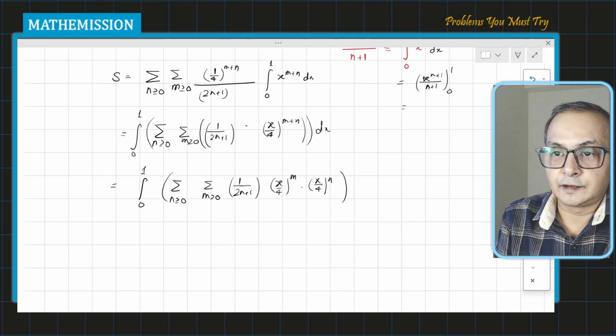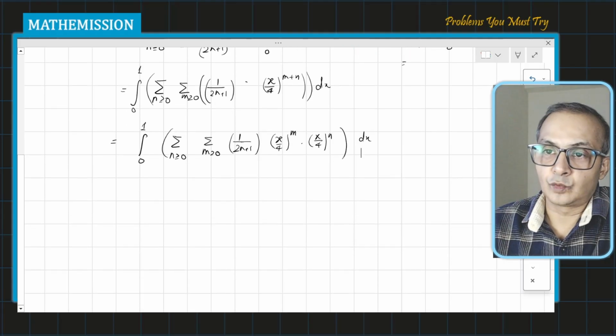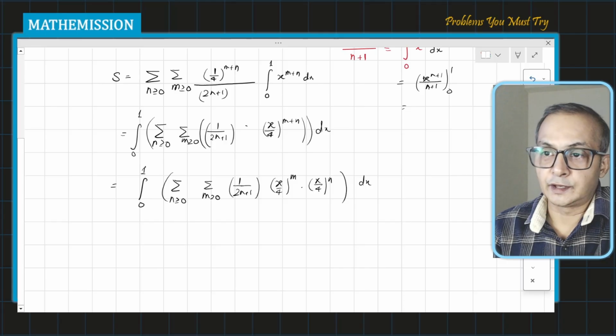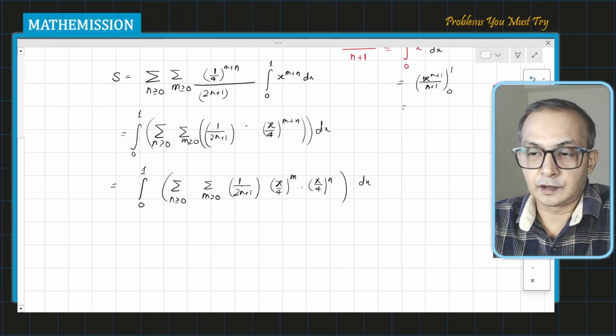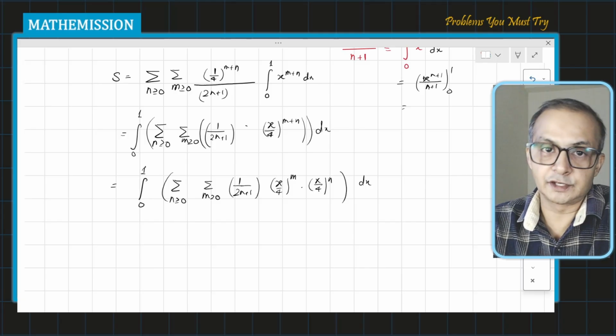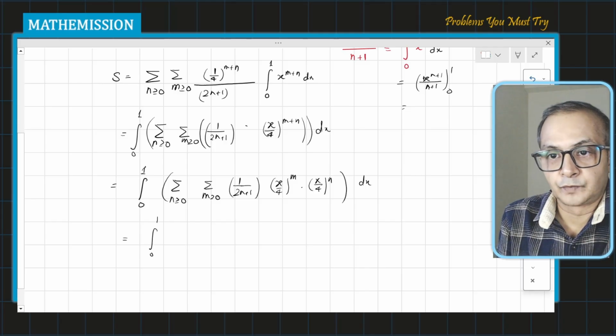Now it's very useful that you can see one summation runs for n, one summation runs for m. So I can take the terms containing n together with the summation which is running for n, and so for the m.